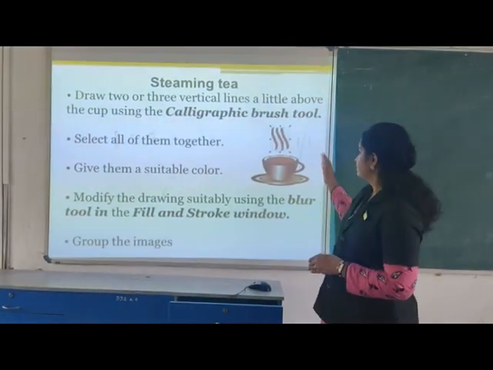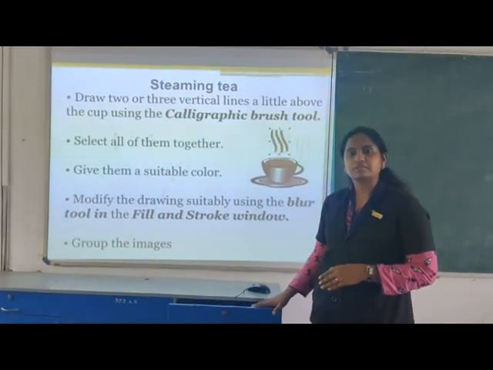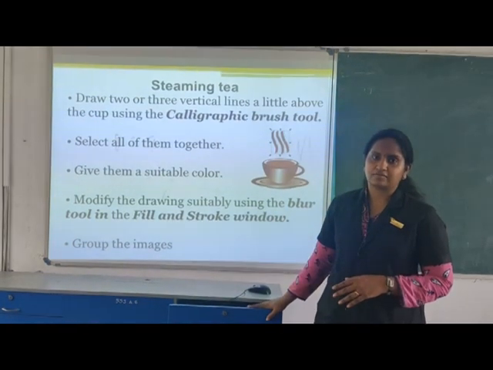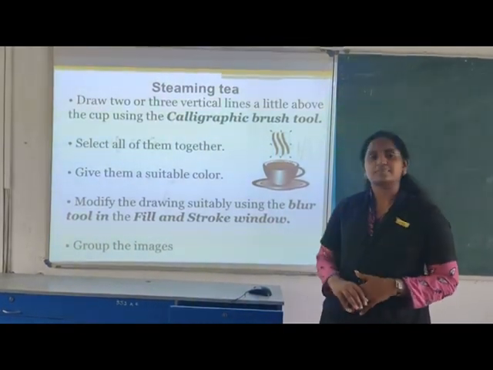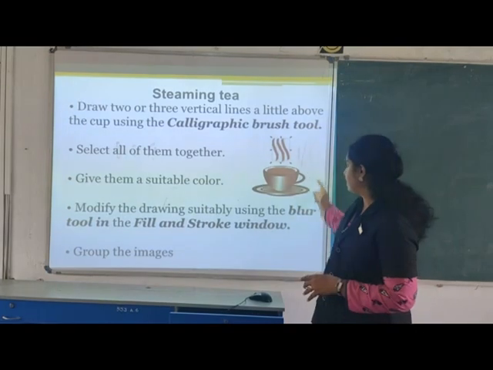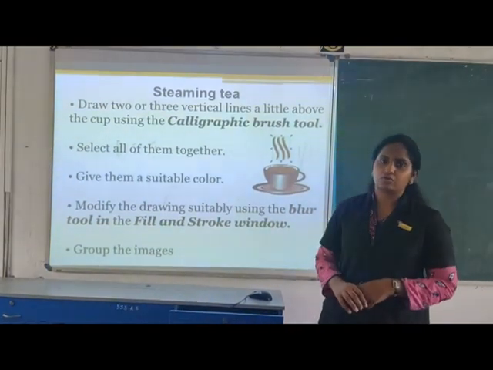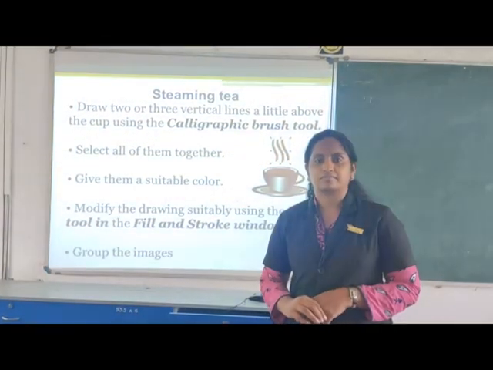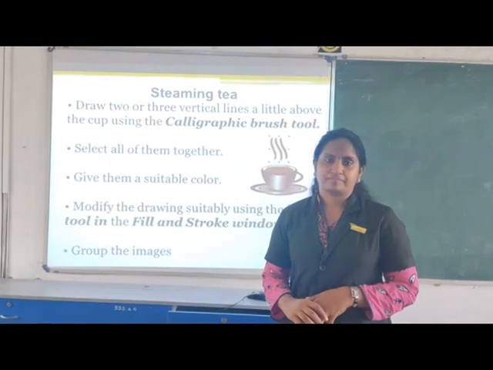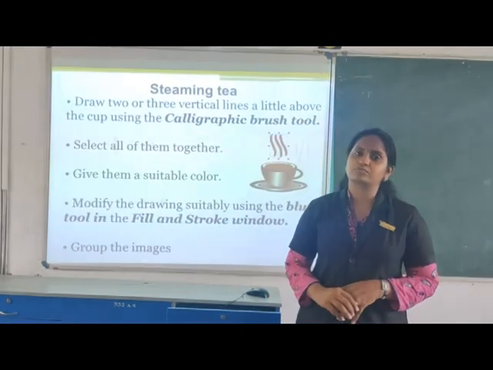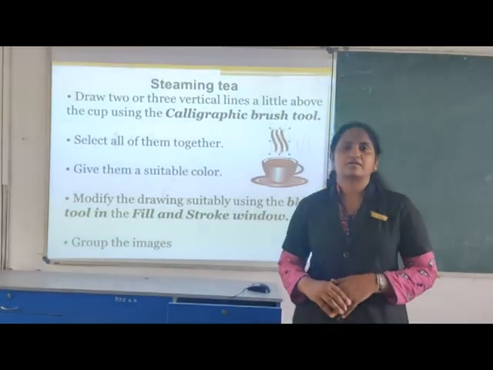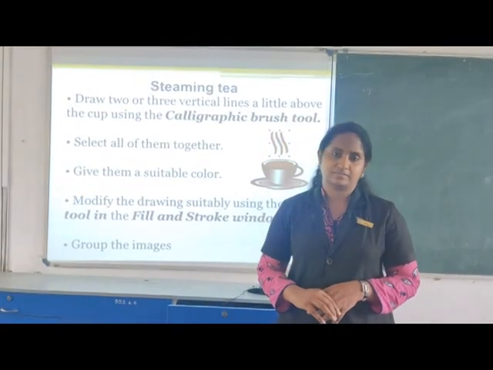You will get the steam in a particular format. And finally just group the images. You will get a particular icon or logo for your coffee shop. So let's see how it is working, and you can go through the coming video with this.